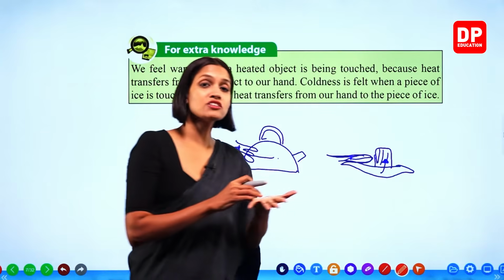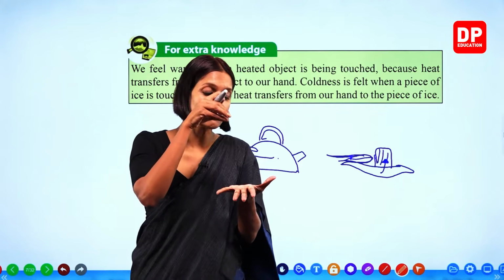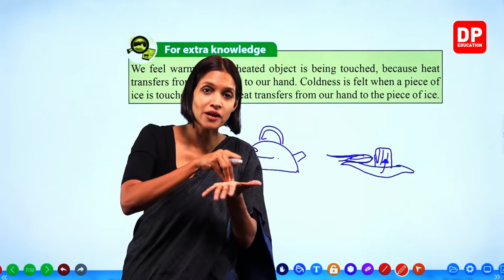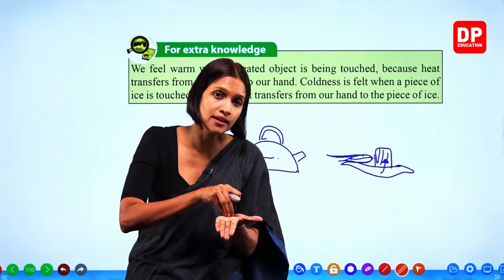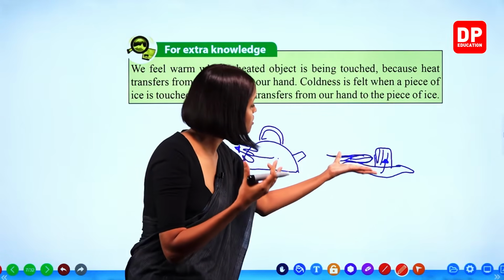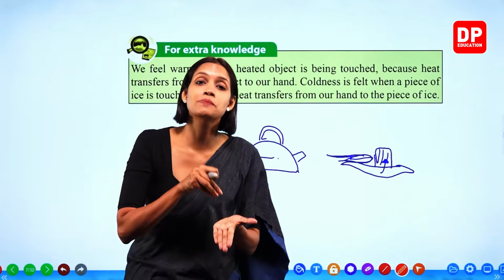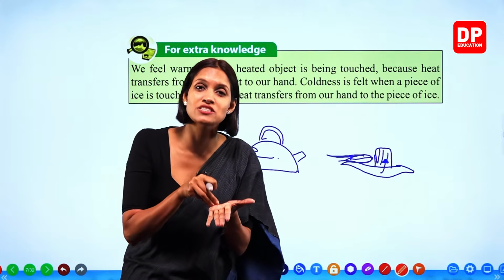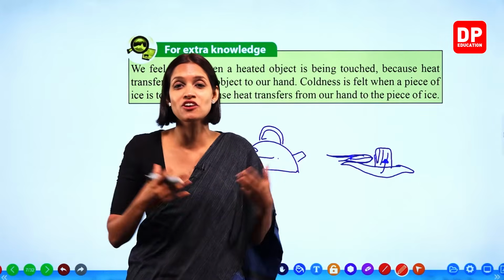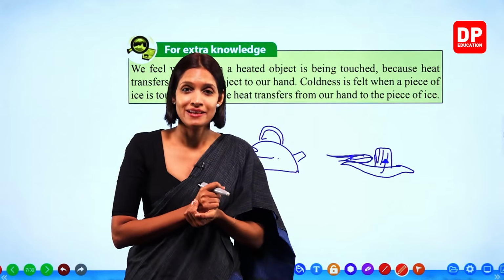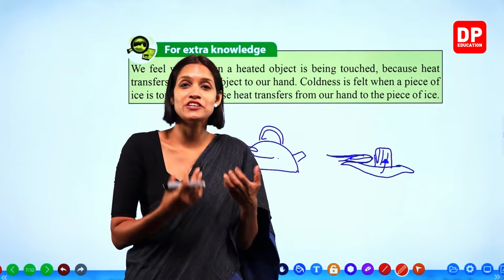Right? Because of the drop of heat, because of releasing heat from that particular place of your hand, because of loss of heat from that particular place, you feel that place is colder than the other places of your body. Right? The sensation is known as coldness.